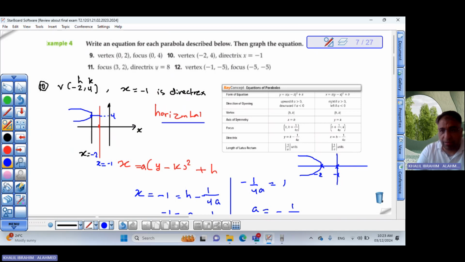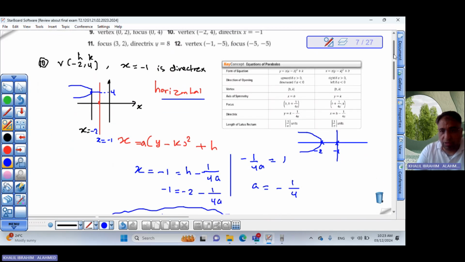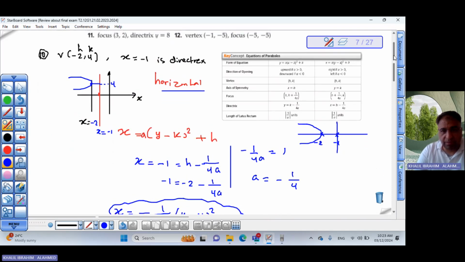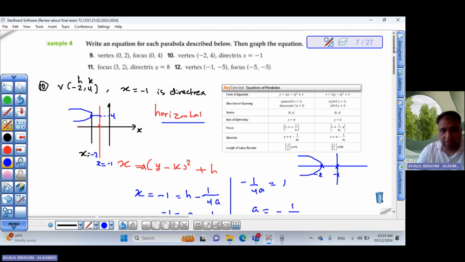K equals 4 here because there is no change on the y-axis. Now h is -2, while k equals 4 is given in the question. Okay, everything is ready. We just need to determine the value of A.